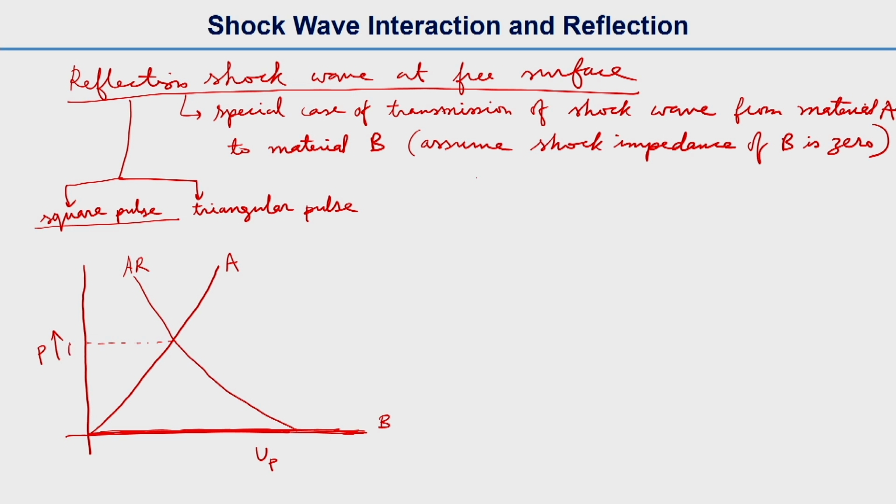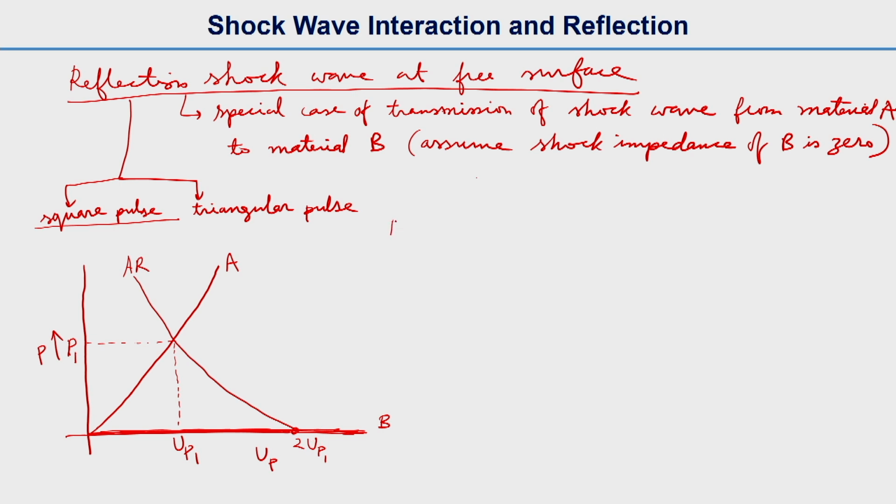At medium A the pressure is P1, and the corresponding particle velocity is UP1. As AR is a mirror image of A, this reflected curve will cut the curve B at UP2, or we can write twice UP1, because of the symmetry of the A and AR curves. So the AR curve will cut through the curve B at twice UP1.